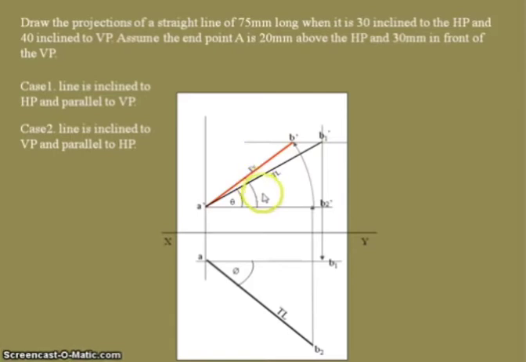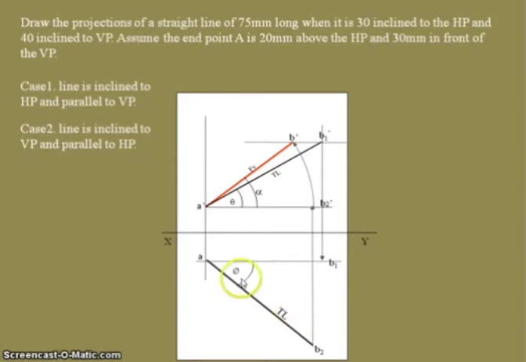The angle made by the final front view is called the apparent angle, that is alpha. Alpha is the apparent angle which is made by the final front view with a horizontal line or with the XY reference line. Okay, remember that. Next we need to draw the final top view for a given straight line when it is inclined to both planes.